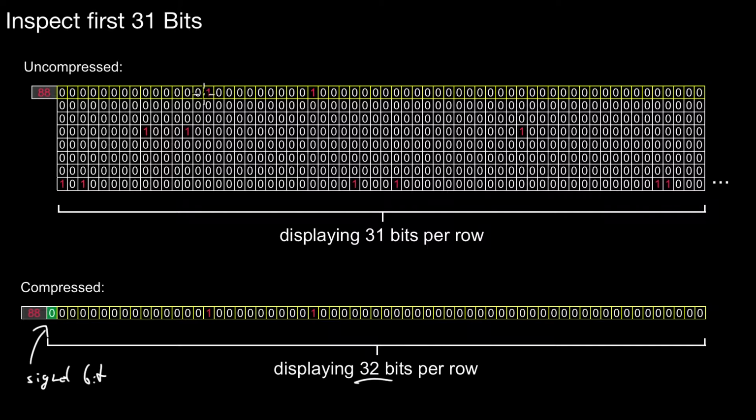And as I have in the input some bits that are set to 1, I just take those 31 bits as is, which means I just copy those 31 bits here. That is what is marked in yellow. The yellow stuff is copied to the output as is. Just in front of that I put this 0. 0 actually means literal. In other words, what follows should be taken as is. We need that when decompressing the data.